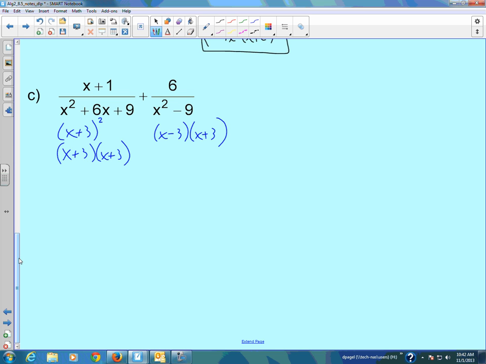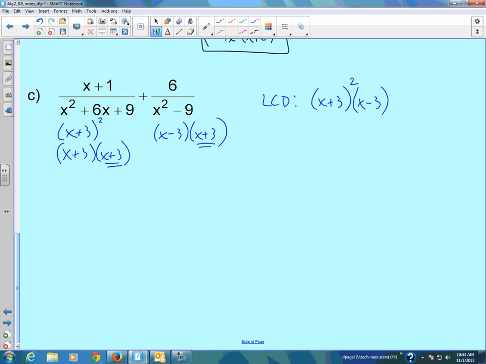So LCD. What do they have in common? They both have at least an x plus 3, so that's going to be in common. What do they have that's different? Well, one of them has an x minus 3, and the other one has another x plus 3. So my LCD will then become x plus 3 squared times x minus 3.